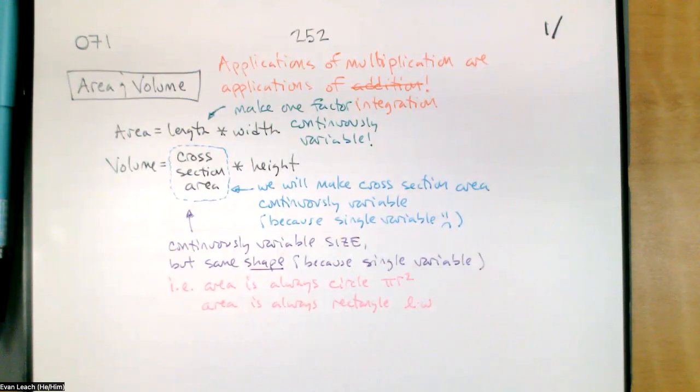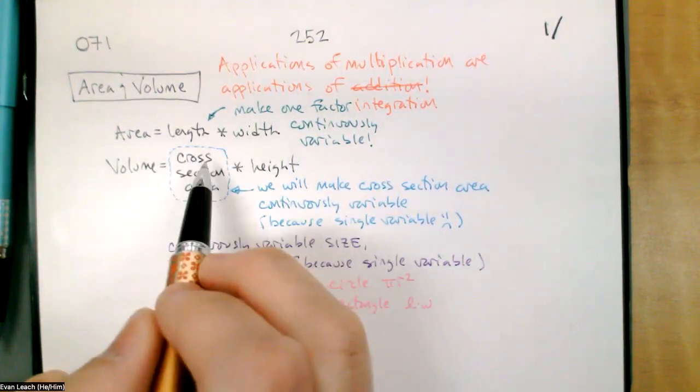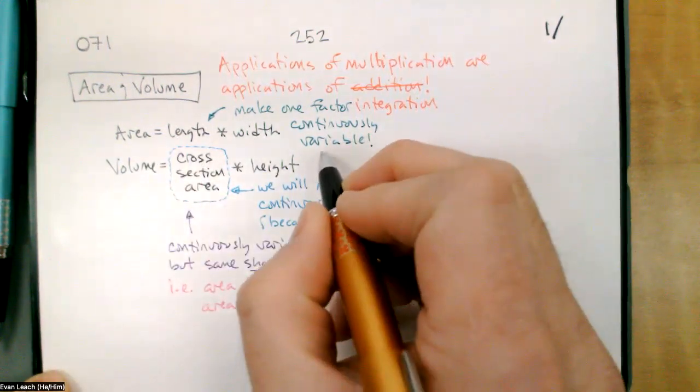Our strategy is going to be to write the area as a function of the height. Just like in the area problem, we wrote the length as a function of the width. We're going to write the area as a function of the height.